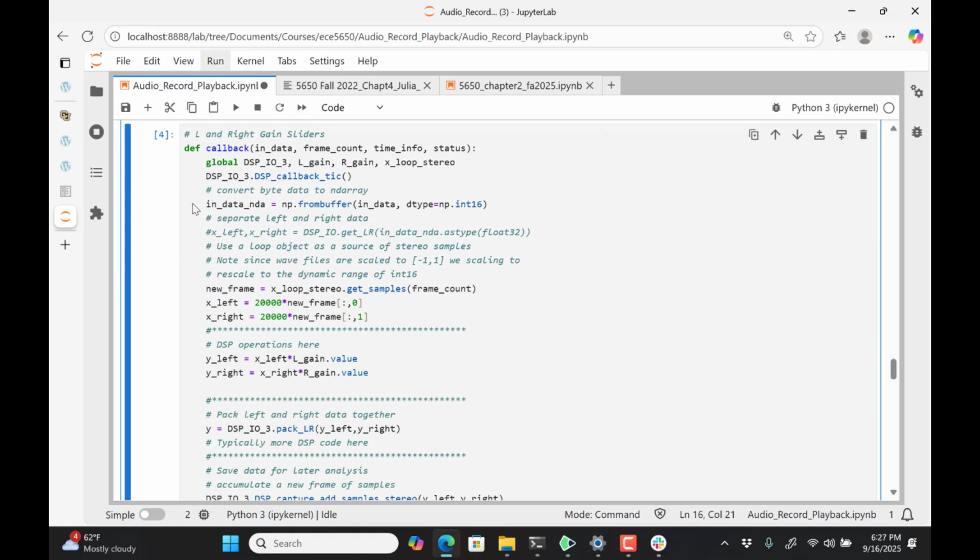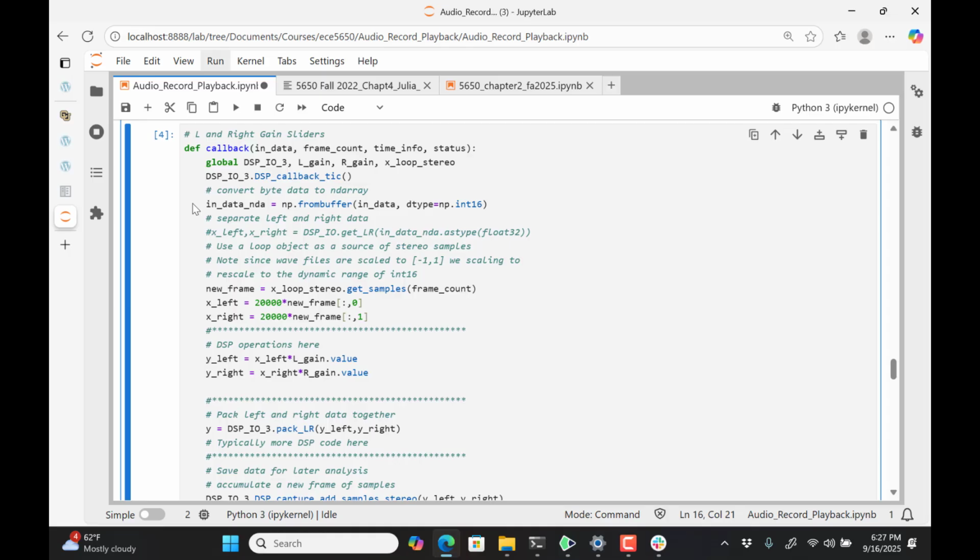This is the heart of the DSP. It's called a callback function, and for those of you that have done microcontrollers, microprocessors, this you can think of as an interrupt service routine. Does that make sense? An ISR. It's like something is calling this function to do something. In this case, it's Pi Audio through the audio subsystem. The audio subsystem is saying as soon as a frame of data samples is ready, it's in data.